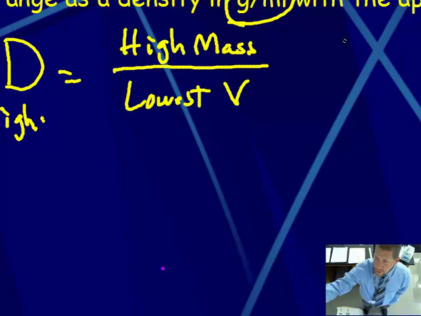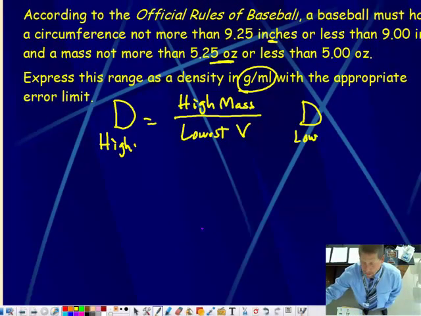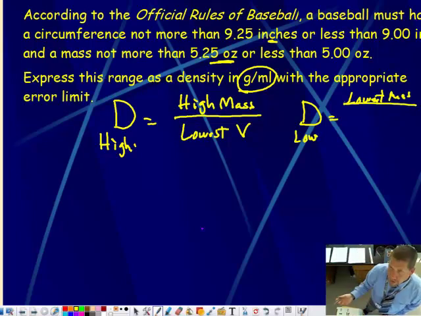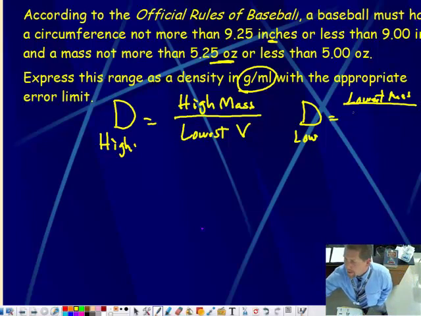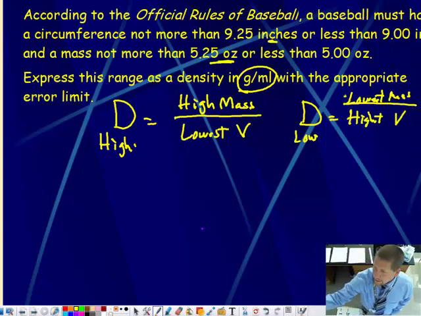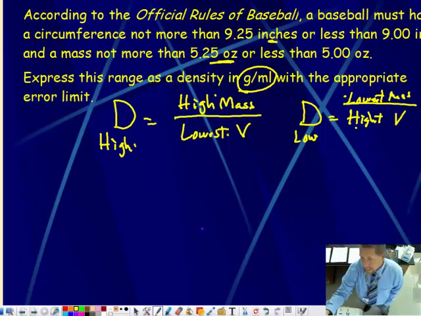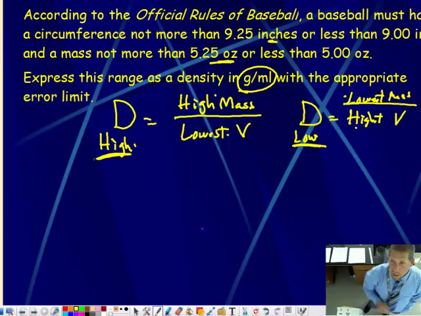All right, so to get the lowest possible density, I need the lowest mass on the top because I'm multiplying by a low number, and then I need to divide that by the highest volume possible. So I have the low mass, the high volume, I have the high mass, I have the low volume, and then that will get me the range once I take the average.